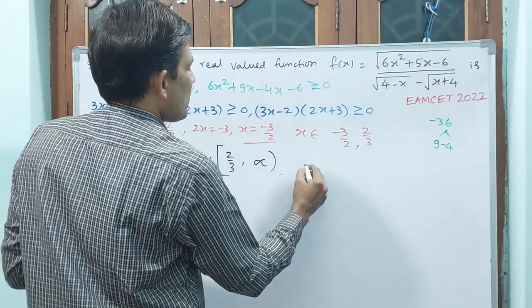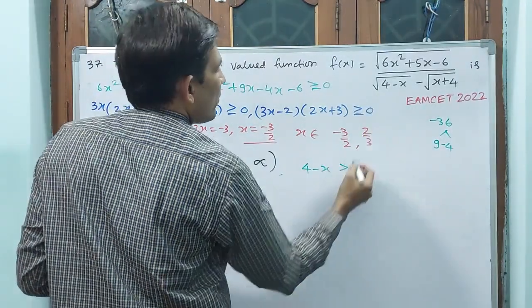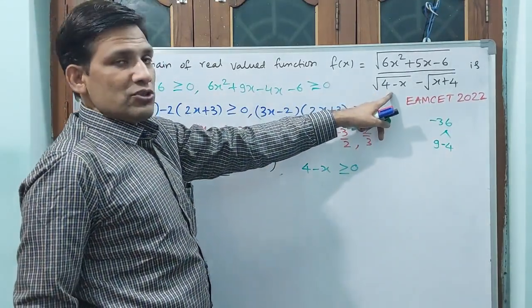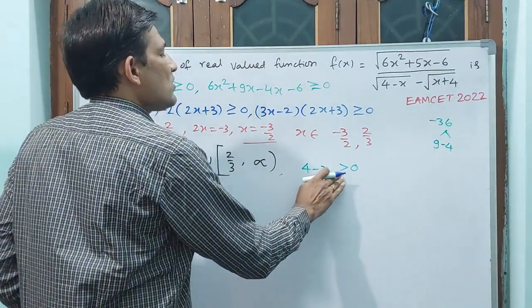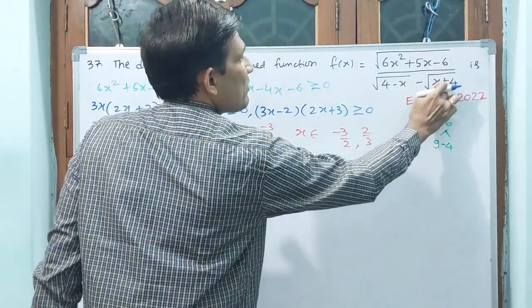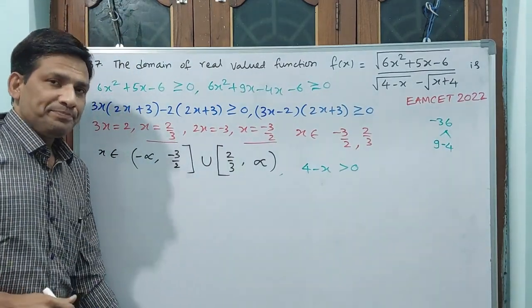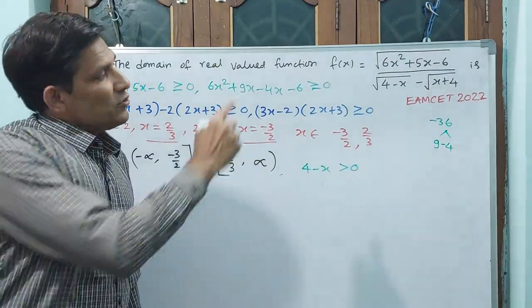You see, the denominator 4 minus x should be greater than 0. Equal to 0 is correct? No. Why? Because both should not come as 0. Even if it comes once, that is okay. When will both come 0? When x is 0, both come 0. Why?